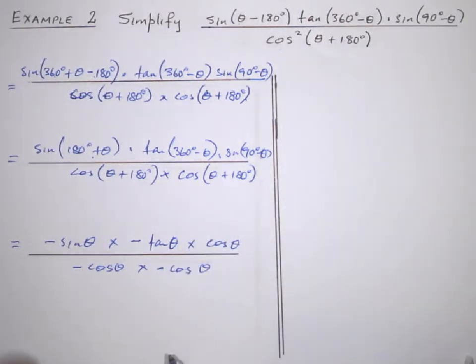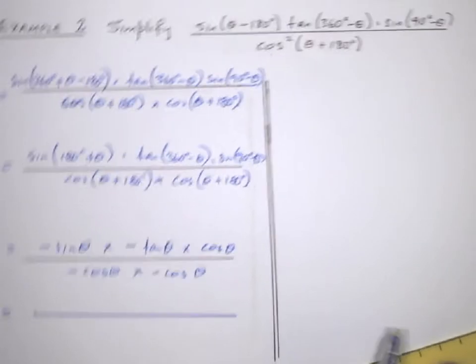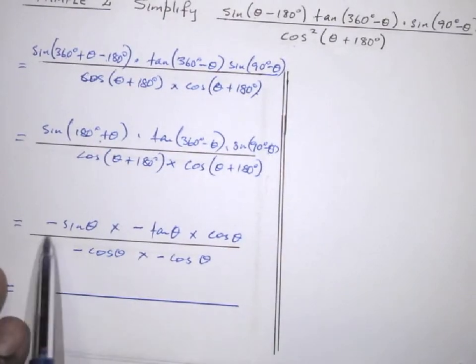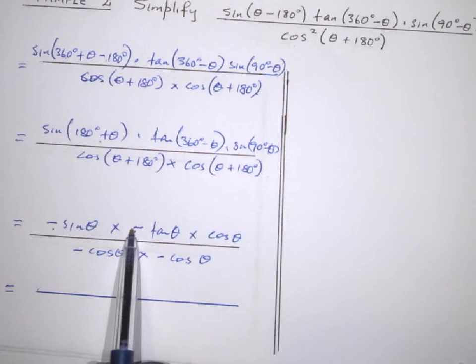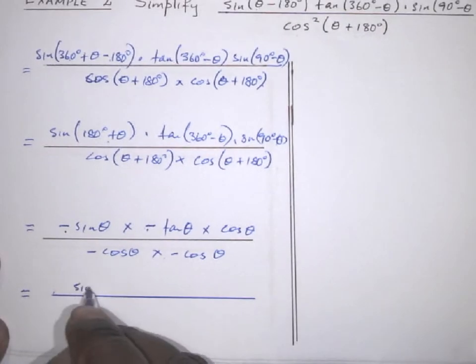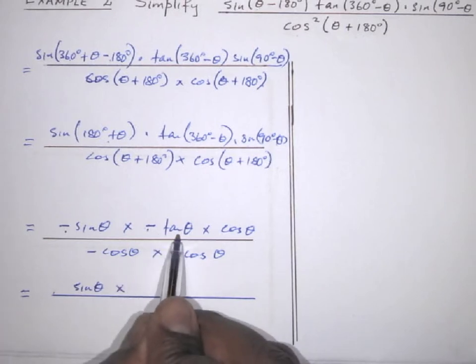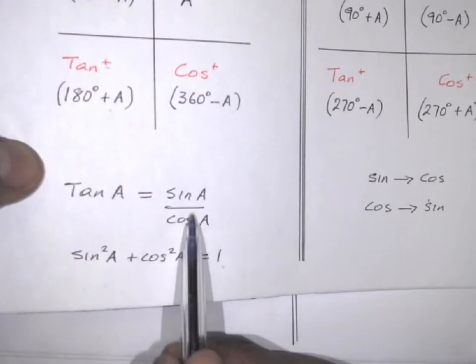So when I simplify this, what do I get? Let's check there. Obviously, the negative will times a negative, giving us a positive, and negative will give us a positive. Eventually, we've got a sine of theta. So multiply. I'll change the tan because I know that tan of an angle is same as sine over cos.